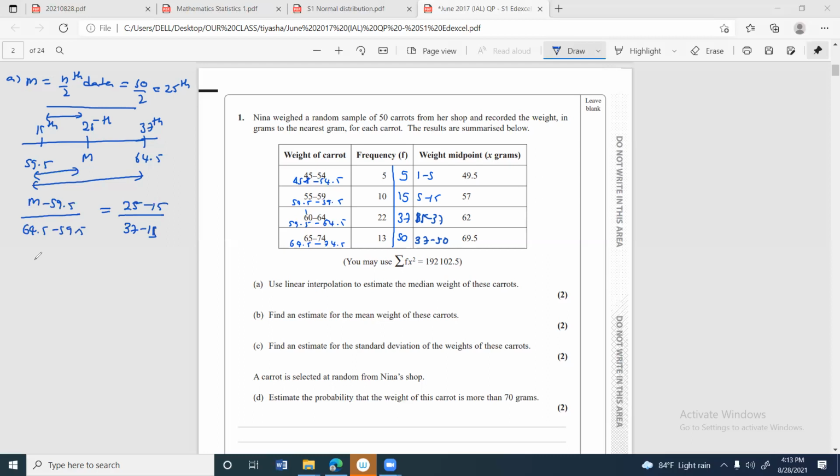You can simply do it: 25 minus 15 divided by 37 minus 15.